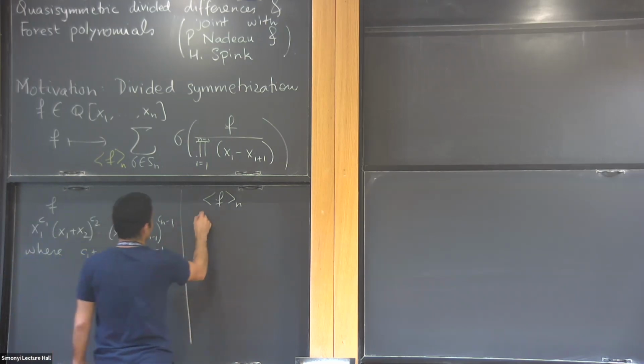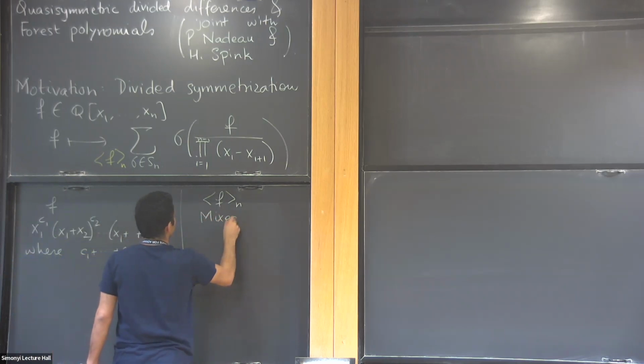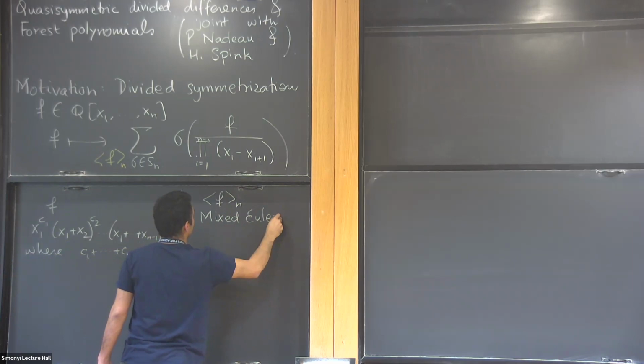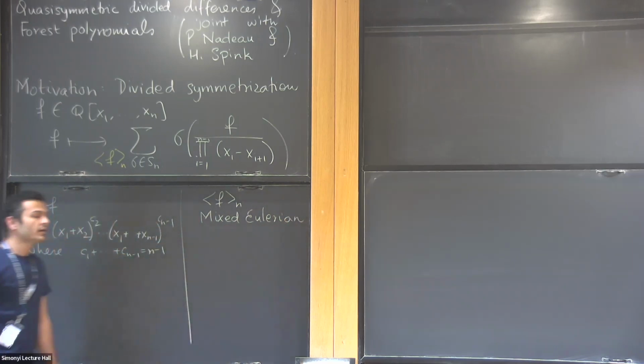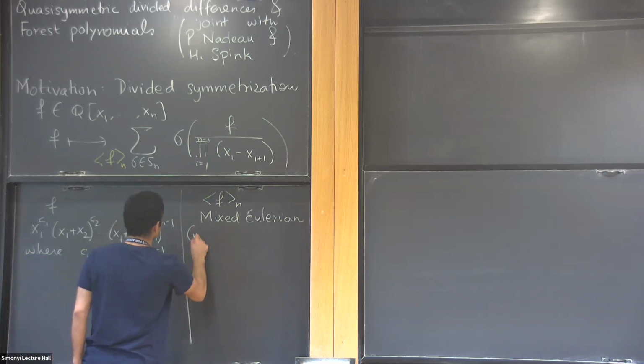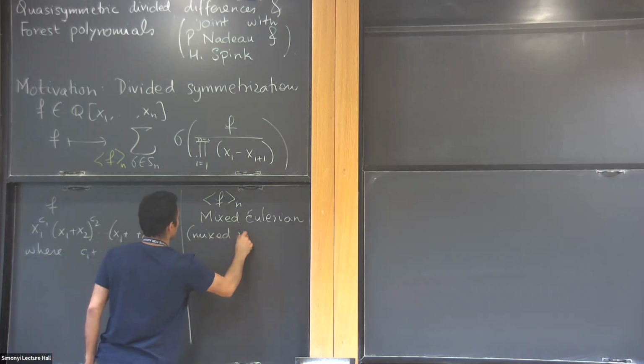It encodes this fascinating family of numbers called mixed Eulerian numbers. And these are mixed volumes of hypersimplices, where c sub i counts the number of copies of the ith hypersimplex. Okay, so these are mixed volumes of hypersimplices.